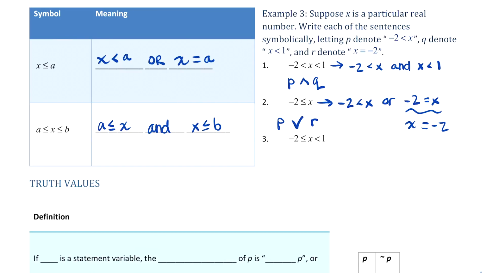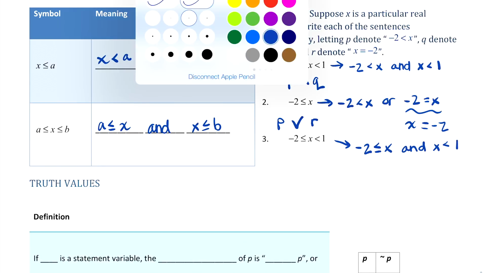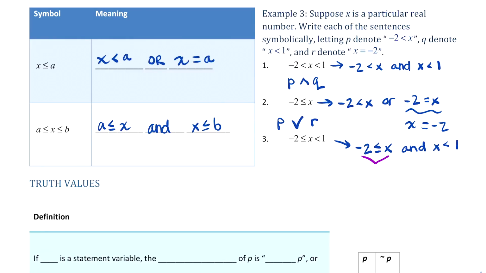Very good. So, -2 less than or equal to X less than 1. Well, what does that mean? That means -2 has to be less than or equal to X, and X has to be less than 1. But don't we need to work on this part a little bit? Didn't we just do that from number 2? This was P or R, wasn't it?